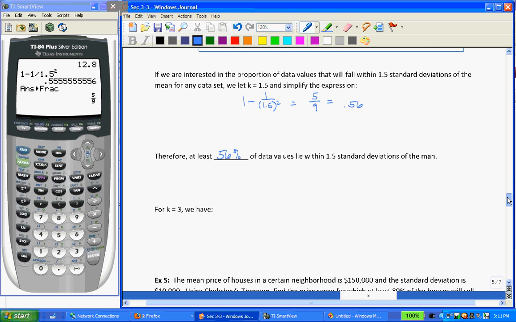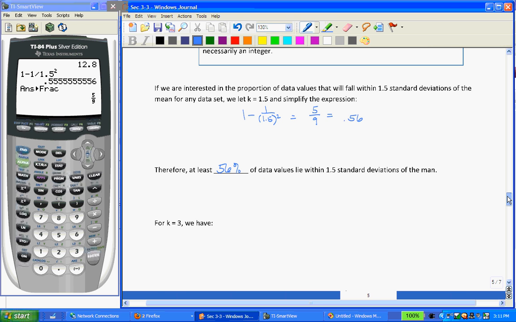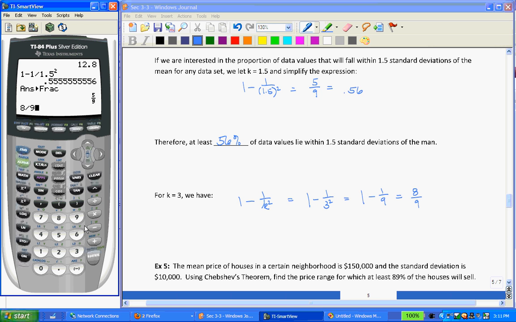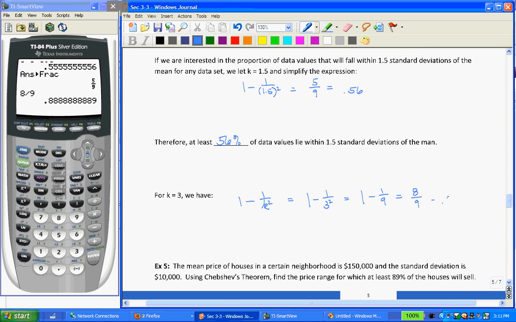Okay. What if k were equal to 3, meaning 3 standard deviations within the mean? Well, remember with the empirical rule, we got 99.7, almost all of our data. Let's see what happens here with Chebyshev's theorem. So I'm going to take my expression, 1 minus 1 over k squared, and I'm going to put in 3 for k. So that's 1 minus 1/9, or 8/9, which is 0.89.